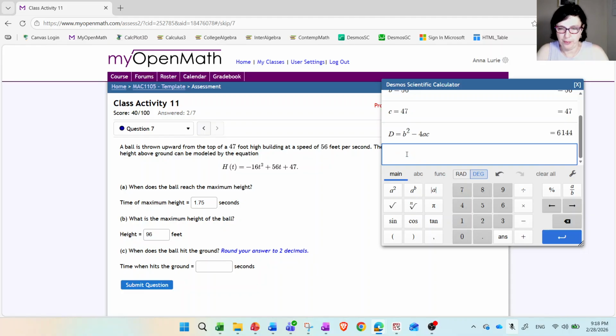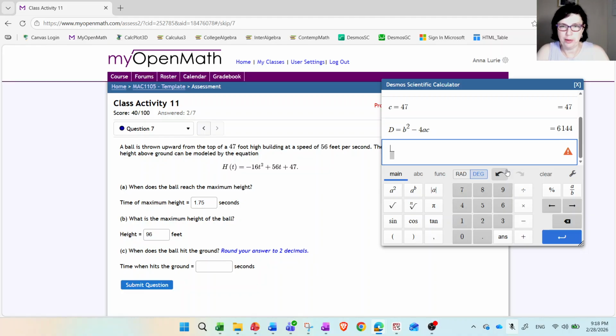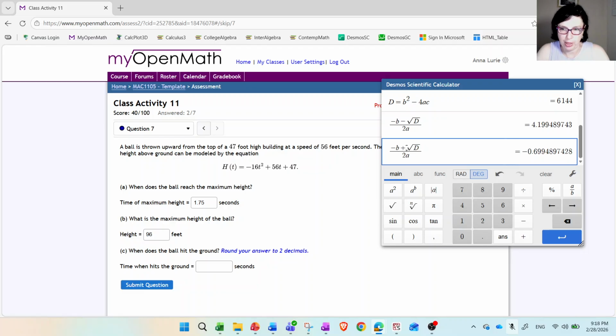Okay, so we got 2 of them. In order to figure it out, we're going to click first on the fraction. On the top, we're going to put negative b minus square root of capital D, this is your discriminant, divided by 2a. Okay, that's your first solution. Then I'm just going to copy paste this and also change this to a plus.